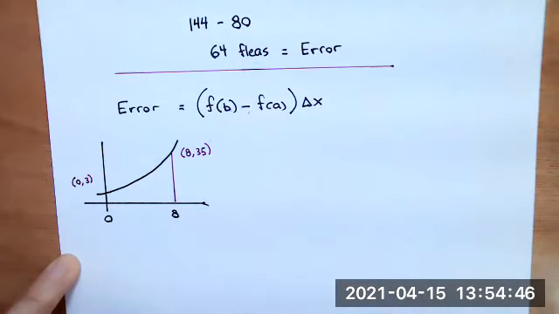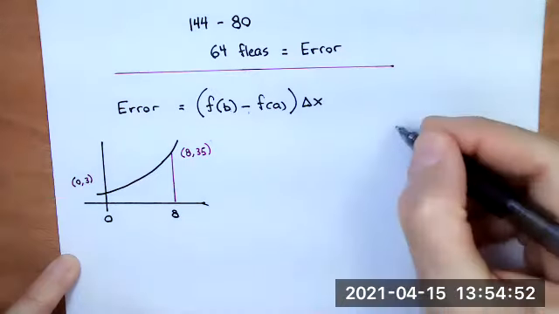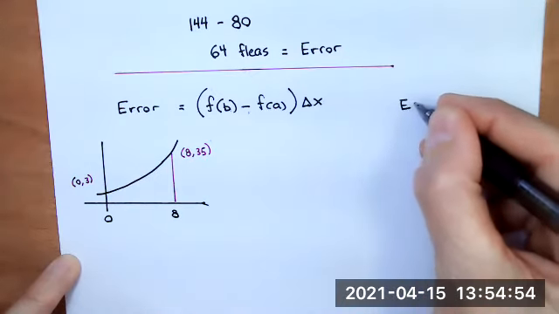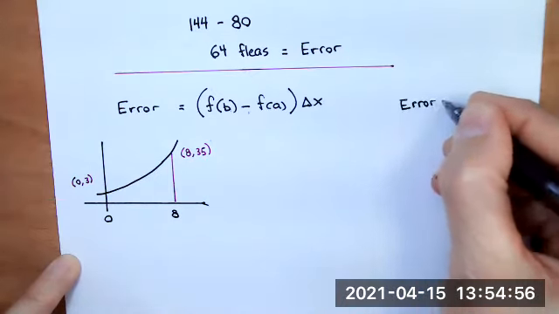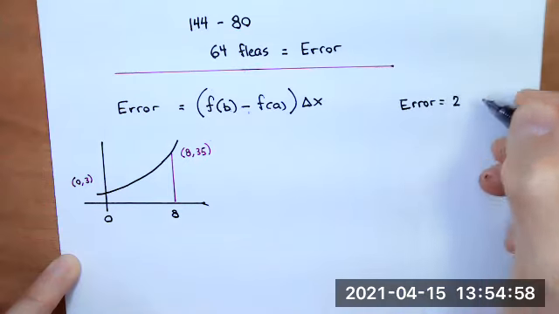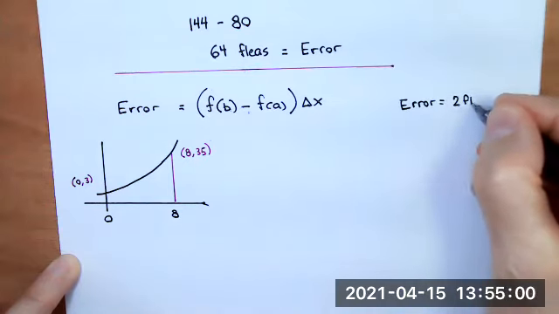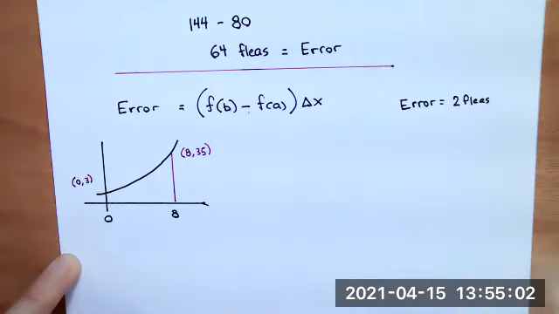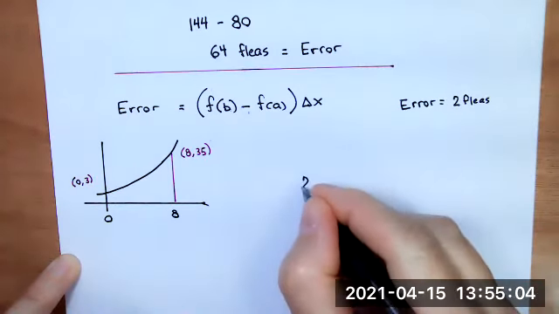If we want a smaller error, we need more intervals. So let's say we would only be happy if our error was equal to 2. We had the number of fleas correct within 2 fleas. So we're just going to say 2.